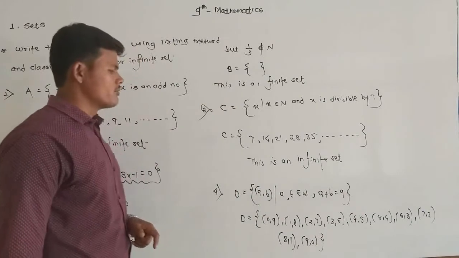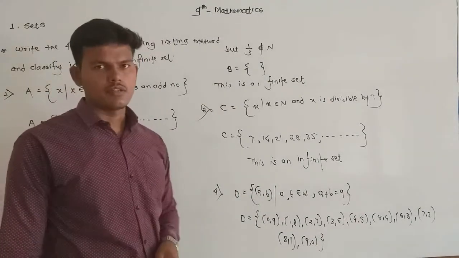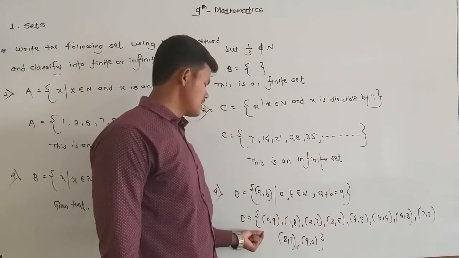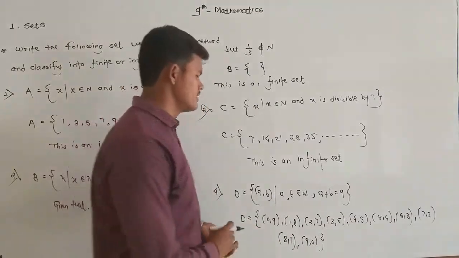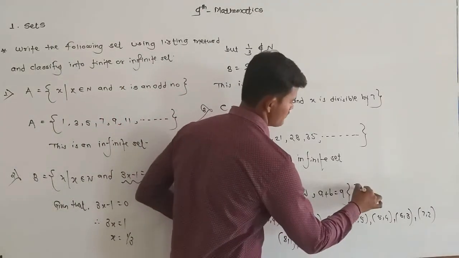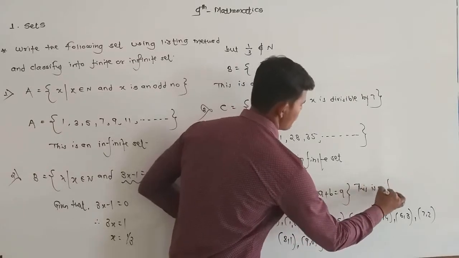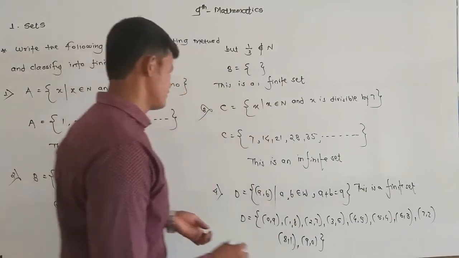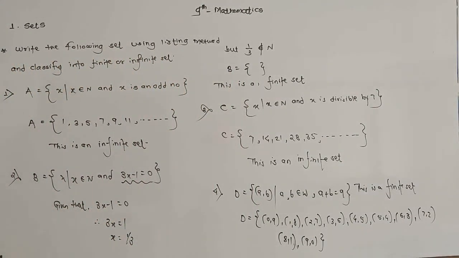That means the pairs of A and B are limited or countable. So this set belongs to a finite set. This is a finite set. Okay, let's take another example.